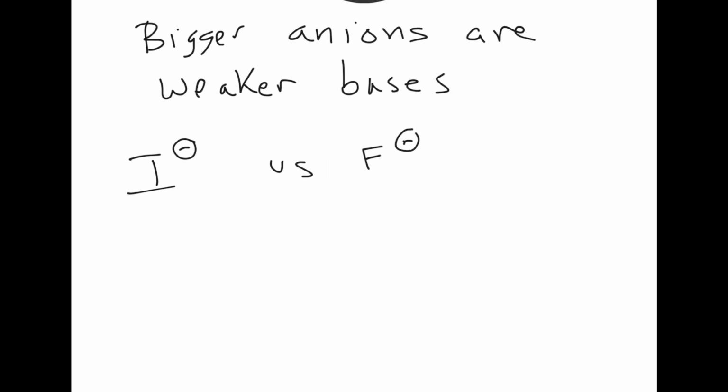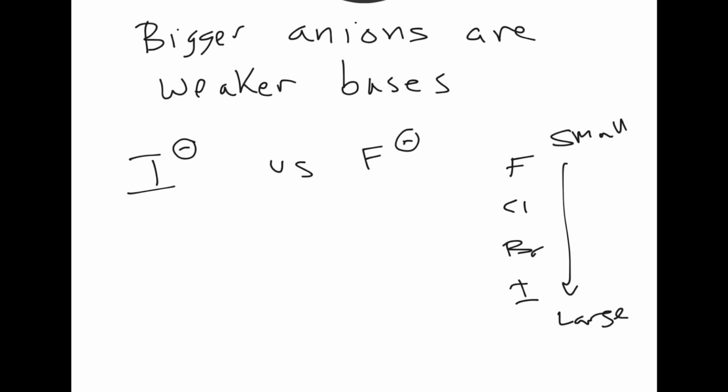So as we increase the size of our leaving groups, they get better. If you remember, it's fluorine, chlorine, bromine, iodide, small to large. As we go down, our leaving group ability follows our size for the most part.